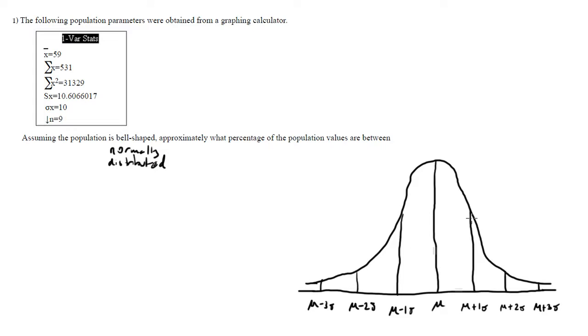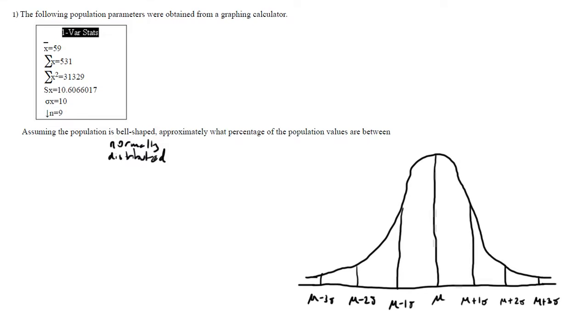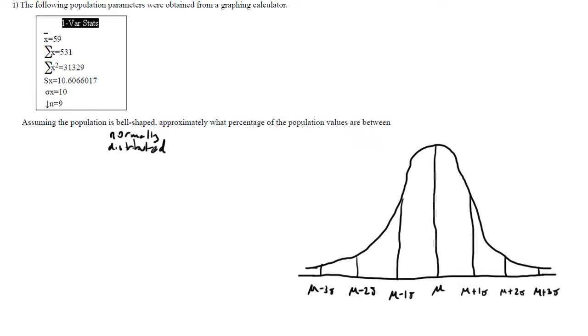Now these very specific values away from my mean are important because certain things happen here. So one standard deviation away from my mean, I mean between one standard deviation below and one standard deviation above my mean.